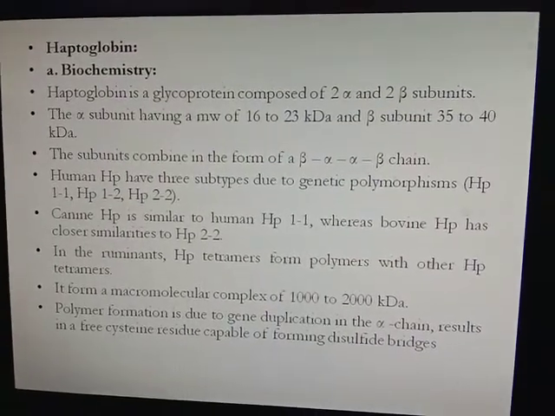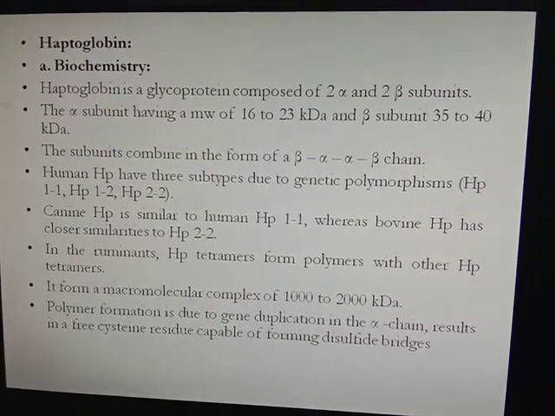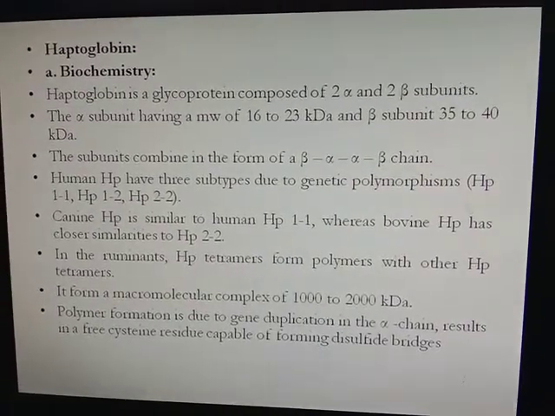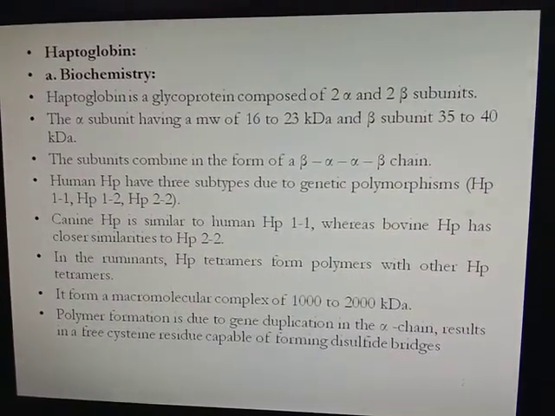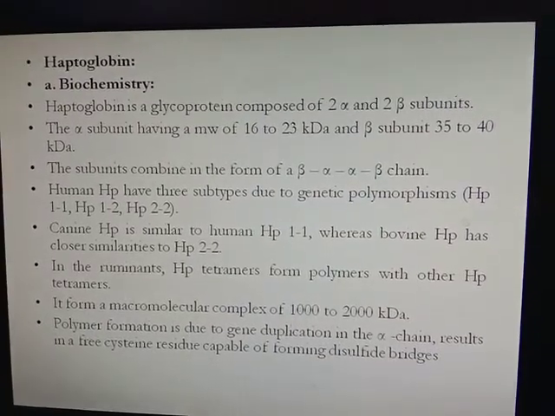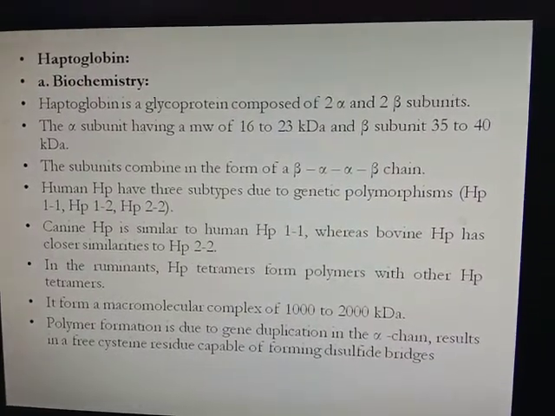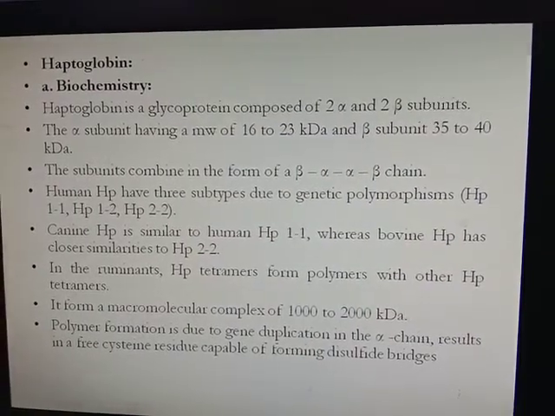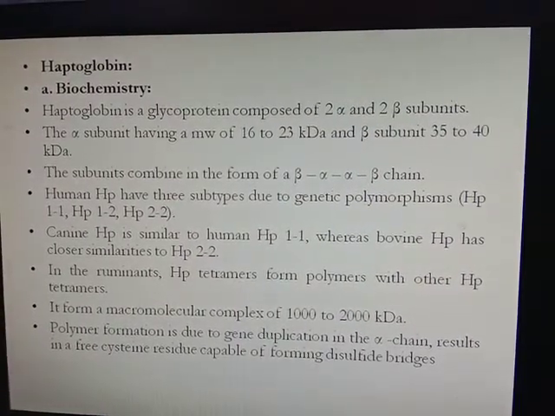Canine haptoglobin is similar to human haptoglobin 1-1, whereas bovine haptoglobin has closer similarities to haptoglobin 2-2. In ruminants, haptoglobin tetramers form polymers with other haptoglobin tetramers.